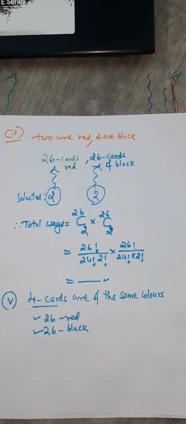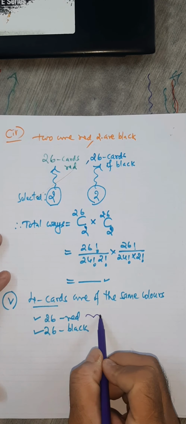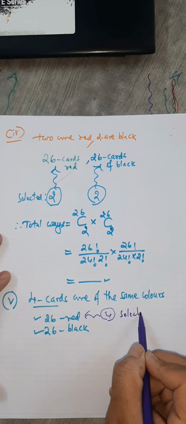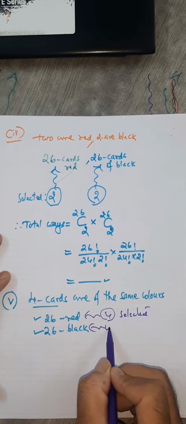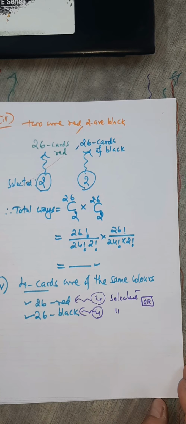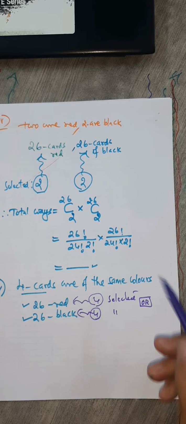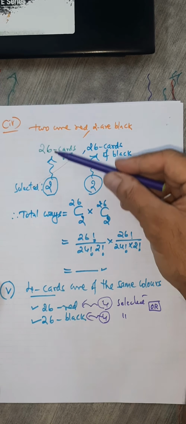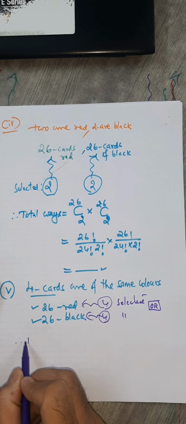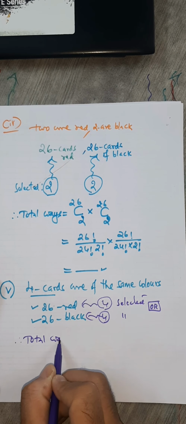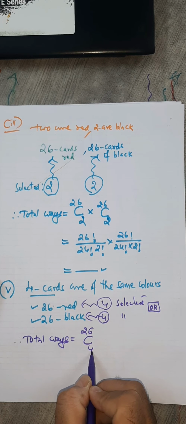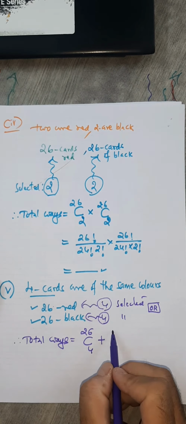Have you realized? So here from this 4 should be selected, or from this 4 should be selected. The word "or" is coming, remember. It was not like that in the previous question, there it was 2 from this and 2 from this. Here you have 4 from this or 4 from this. So total ways equals 26C4 or means plus, there you had into, remember.